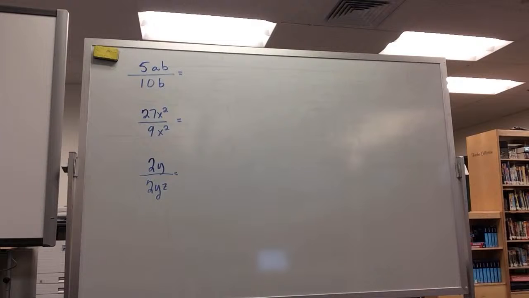B divided by B, and a number divided by itself is just going to be 1. To show that would be work though, so over here, cross out the 5 and the 10 and make it a 1 and a 2. Then just cross out the B's, and then say equals.